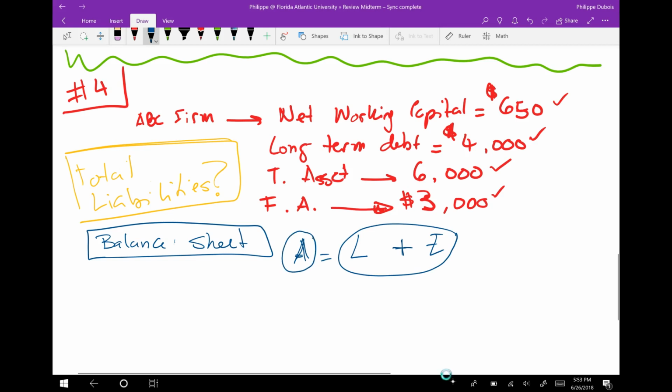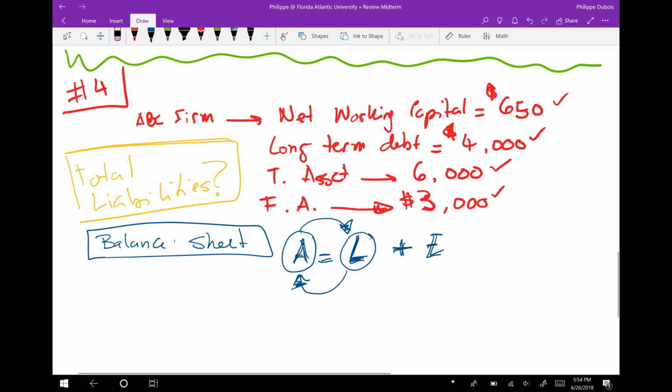Because you'll raise money in the form of liability, your debt, or equity from your shareholders, and that money will be used to purchase the asset. And the asset will hopefully generate enough income to pay the investors and the bank that had lent you some money. That's the reason why your asset will always equal your liability plus your equity.